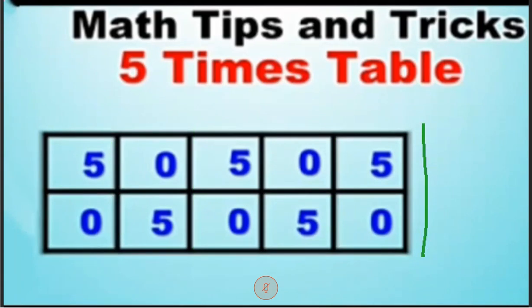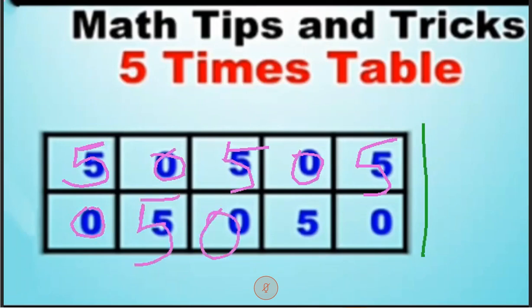You only have to write 0, 5, 0, 5. So start with 5, as it is the 5 table, then write down 0, then again continue 5, 0, and again continue 5, then continue in the second row 0, then again 5, 0, 5, 0.